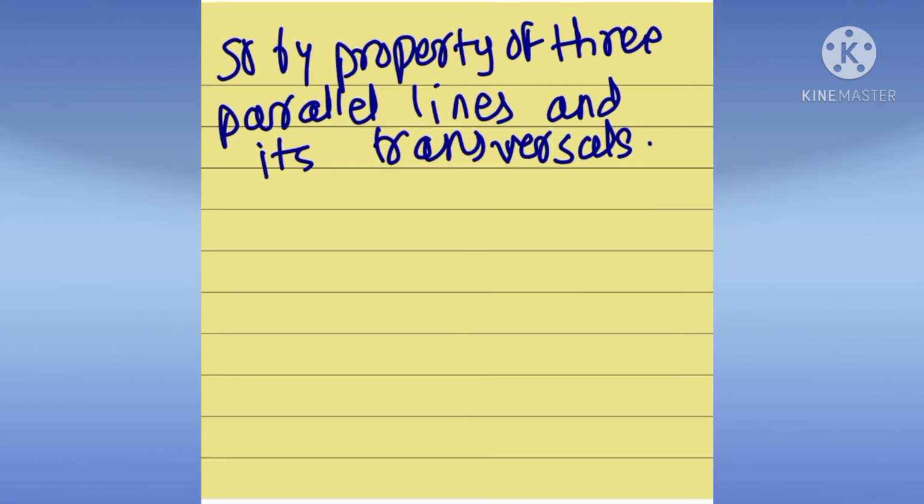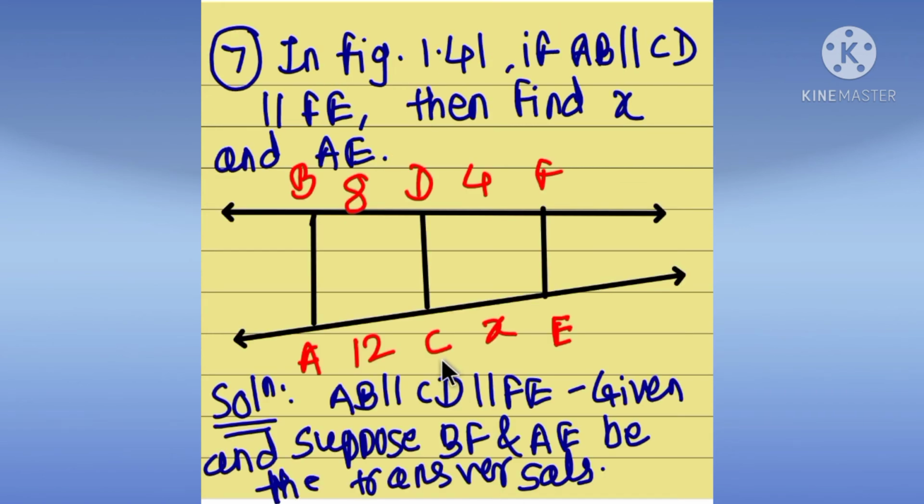What is the property of three parallel lines and their transversals? If the intercepts made on the first transversal and the intercepts made on the second transversal, the ratios of these intercepts are equal. That means if we take ratio this way, BD upon DF equal to AC upon CE.